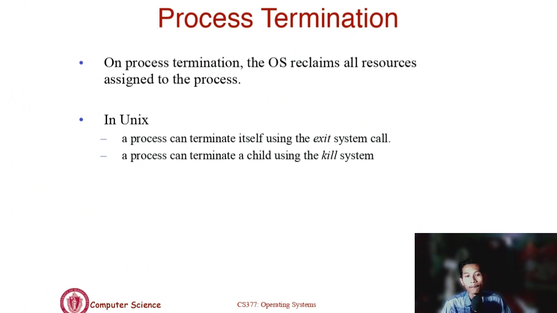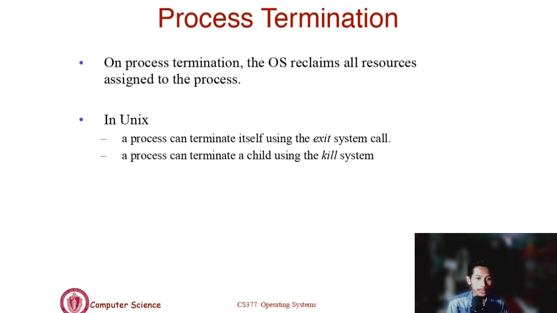So in here, the Unix termination mechanism has two types of termination. The first is self-termination. So a process can voluntarily terminate itself using the exit system call. So this allows processes to gracefully exit and release resources back to the system.